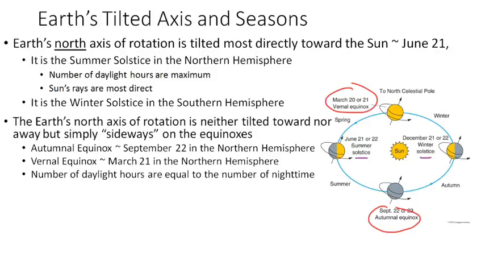There are certain sort of silly things that people talk about. At the equinox, the Earth's axis of rotation is kind of edge on relative to the sun. But what is equal is that we have equal hours of daylight and equal hours of nighttime on those days.